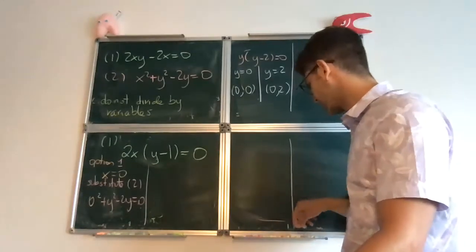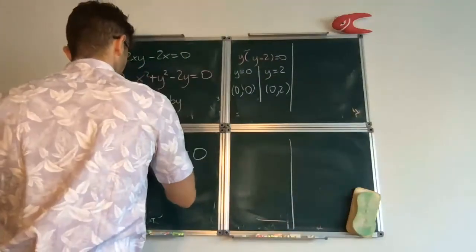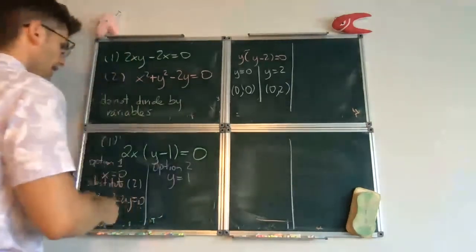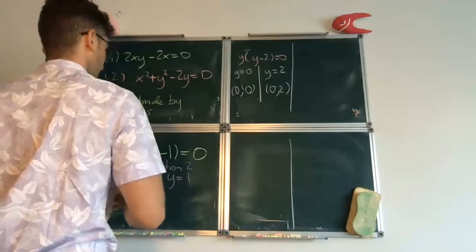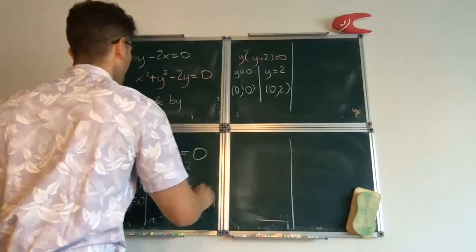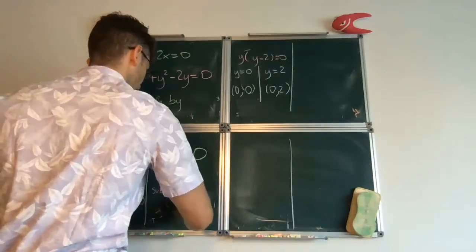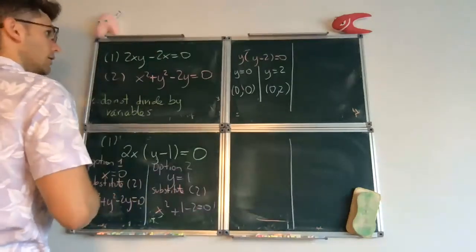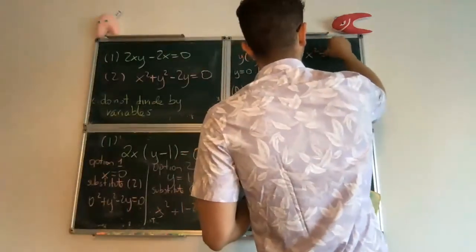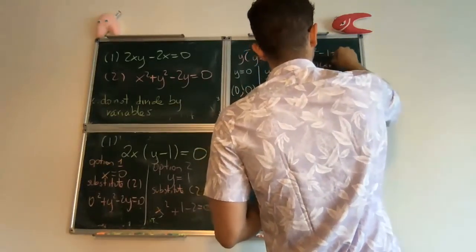The other option that we have to deal with is when y equals 1. And again, you substitute now in 2, and so you get x squared plus 1 minus 2 equals 0. So you get x squared minus 1 equals 0, or x minus 1 times x plus 1 equals 0.